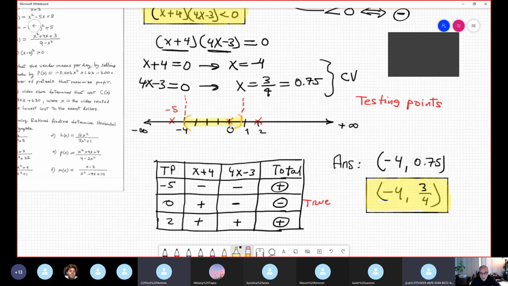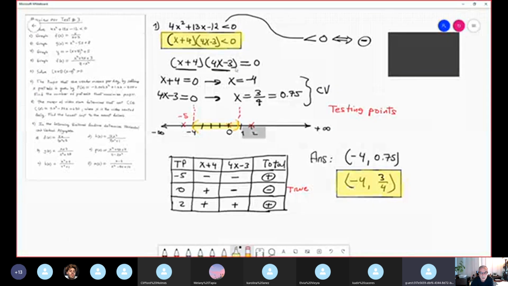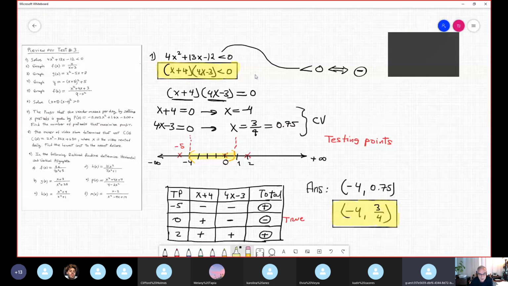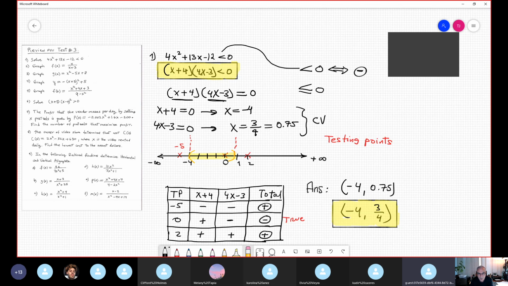Now, what about the endpoint? The understanding of the endpoint, in our example, -4 and 3/4. You try to see in the original inequality. See, the original inequality is just a strict inequality, no equal. Therefore, the endpoint is not included inside the solution.